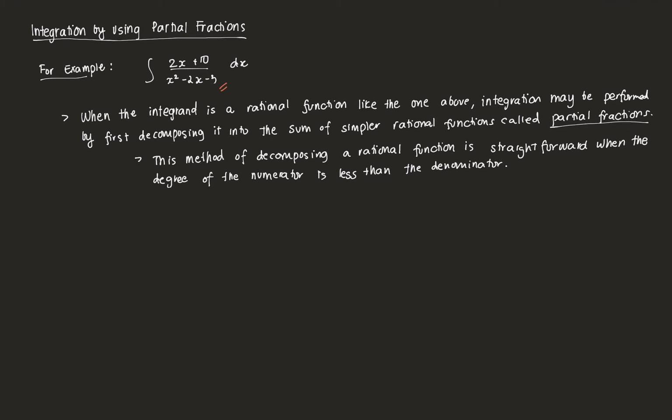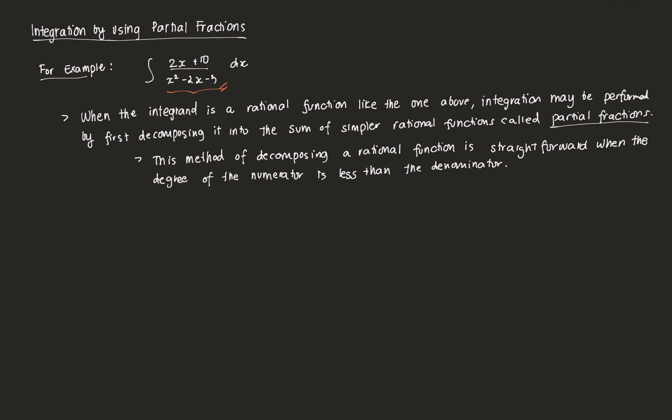Essentially, we're going to break this rational function down into a sum of simpler rational functions, which we can solve using the basic techniques of integration. So it's about decomposing a complicated rational function into simpler functions.